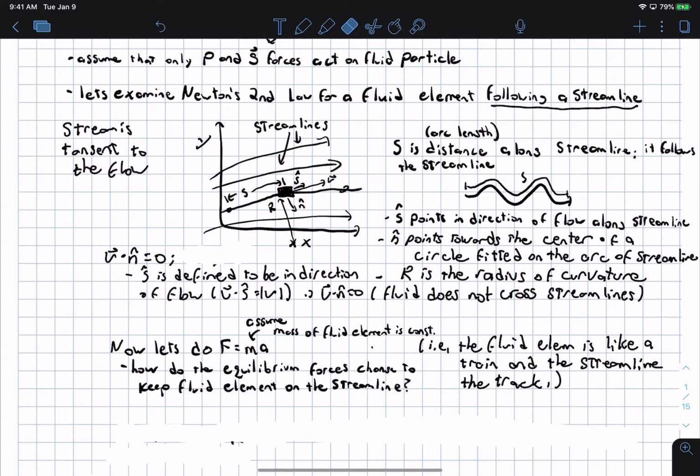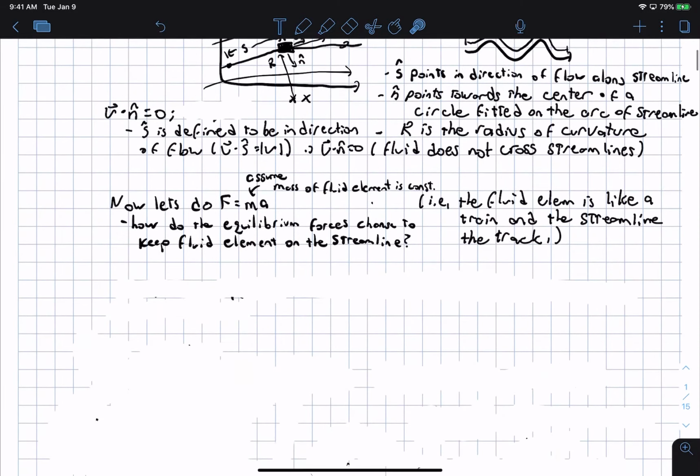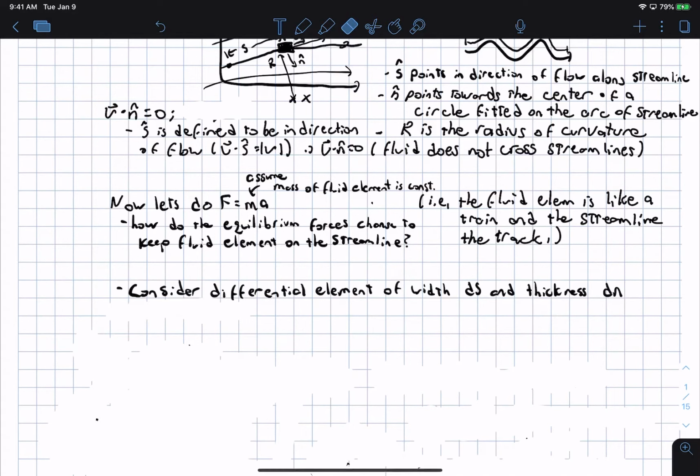Basically, we're going to say how do the forces on this change to keep the fluid element on the streamline. To do this, we're doing F equals ma, so that naturally implies we should do a free body diagram. You'll start getting used to this as you get to the upper level classes, say heat transfer and things like that, but they start in this class.